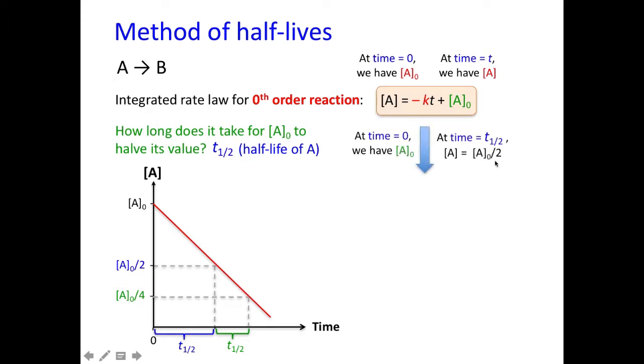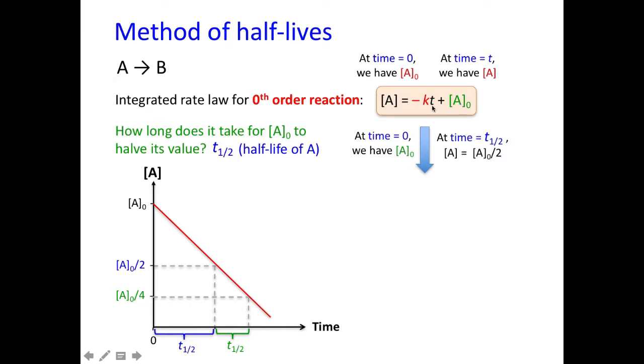And how can we predict an expression for this half-life? So let's just take the initial concentration and substitute the final concentration of A by half of the initial concentration. So at time 0 we have the initial concentration, A0, it's shown here.